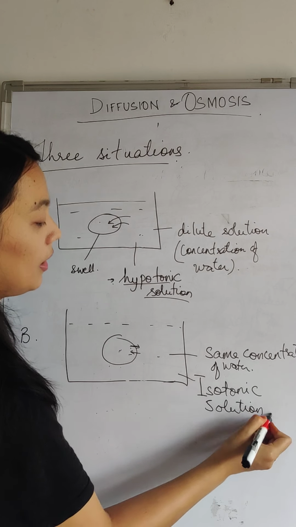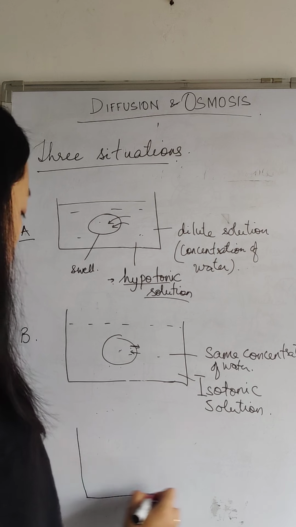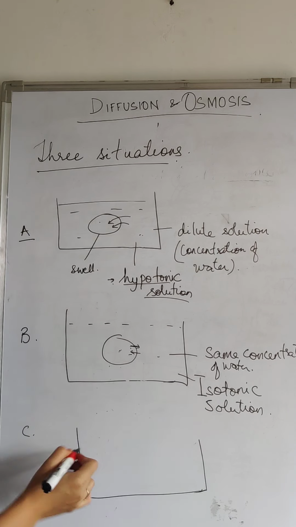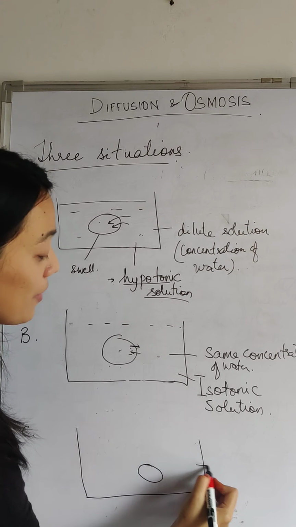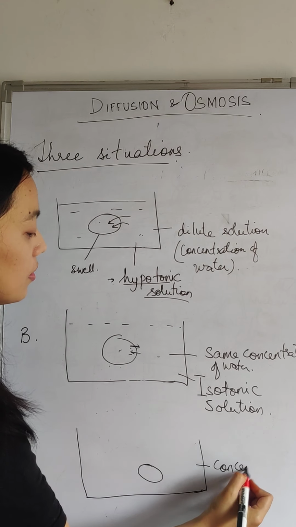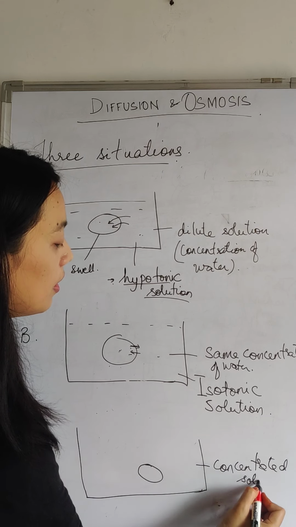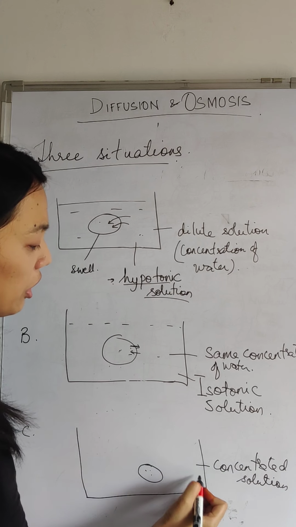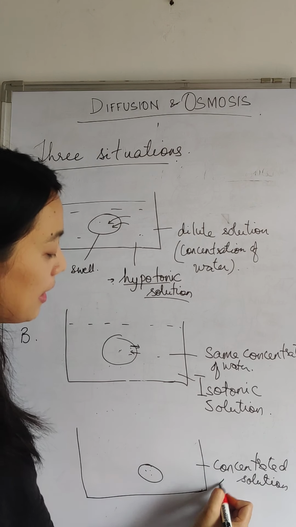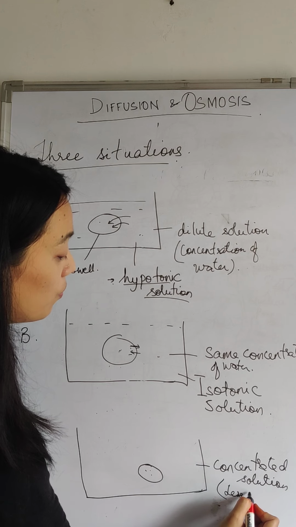Now, the last one we are going to discuss, you must have guessed already. We take a cell and we take a very concentrated solution. That means compared to the inside solution, it is very concentrated. That means the concentration of water is less, right?